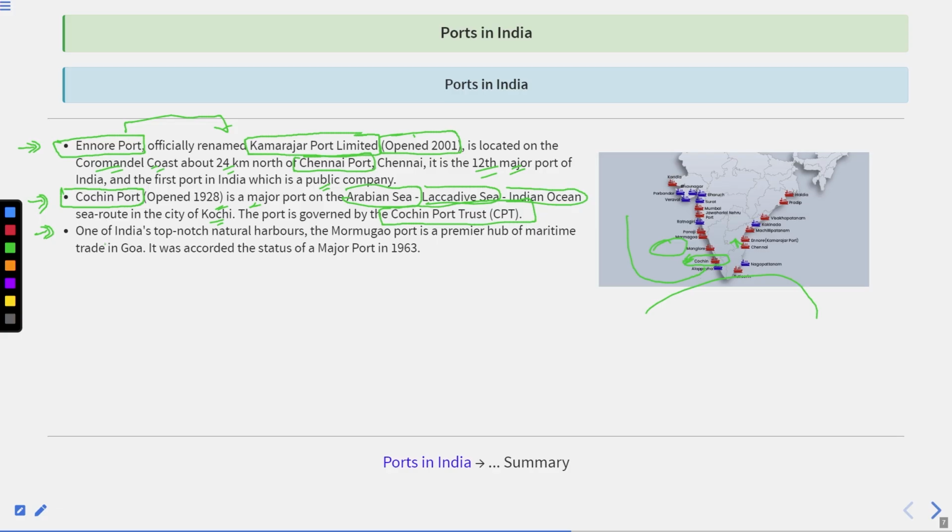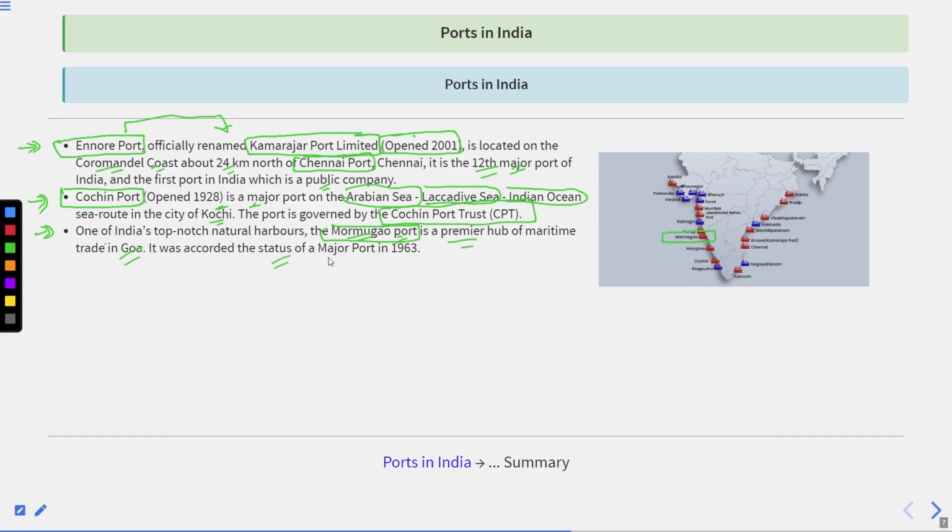Then, one of India's top-notch natural harbors, the Mormugao Port. Okay, like here you can see the Mormugao Port. It is actually a premier hub of maritime trade in Goa. That port was actually developed during the Portuguese time.